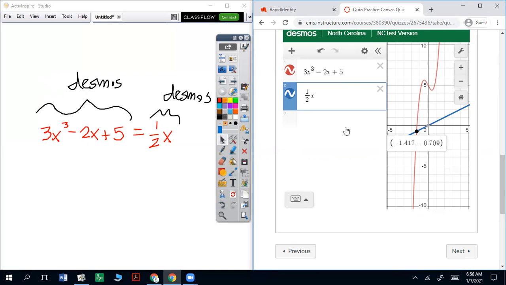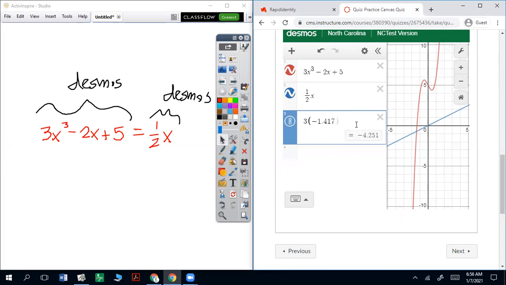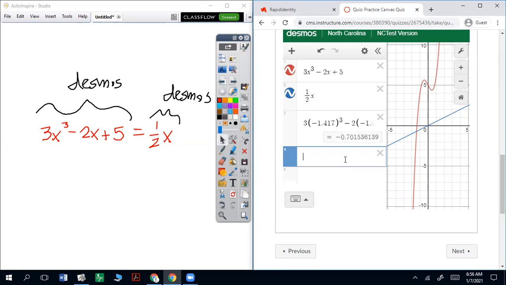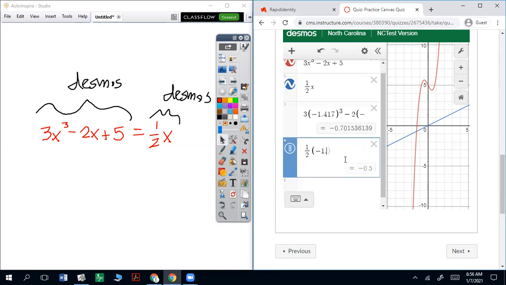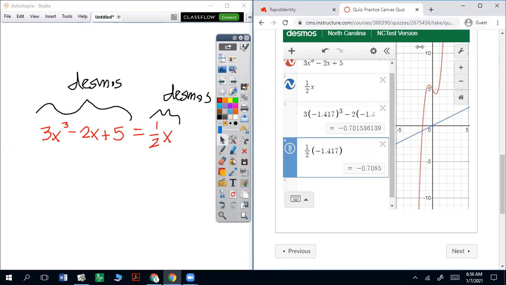Now the answer to this question is the negative 1.417 because we're looking for the value of x. So if I plugged in negative 1.417 raised to the third power minus 2 times negative 1.417 plus 5, and then I did 1 divided by 2, right arrow, negative 1.417, you see both sides of the equation will give you about negative 0.7.